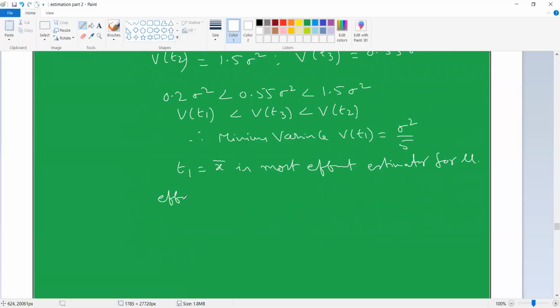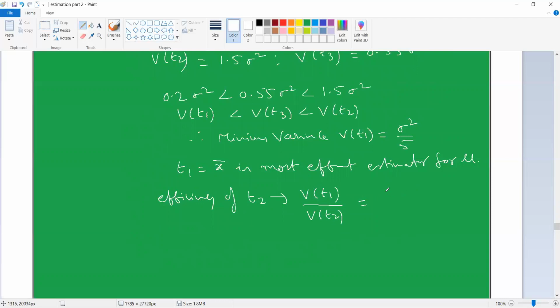Now, I am very much interested to calculate the efficiency of T2. T1 is already defined as the most efficient estimator, so compare T2 with T1. Here we use variance of T1 by variance of T2. Since we are calculating the efficiency of T2, that variance must be in the denominator. The numerator has the variance of the most efficient estimator, and the denominator has any other estimator.